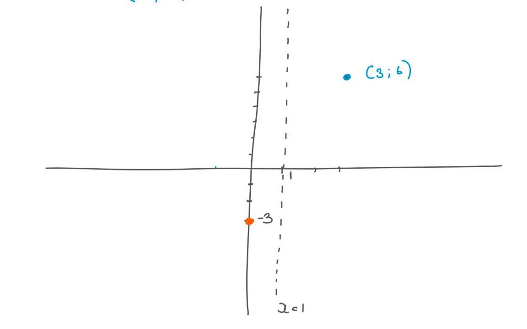So -1 will be about there. -2, oh, that looks terrible. That looked illegible. So let's try again. Not much better. Please forgive me. There we go. That would be about -1. And the only other thing I think I have to add in is my oblique asymptote, which is y equal to x plus 1. So that would go through 1 and -1.